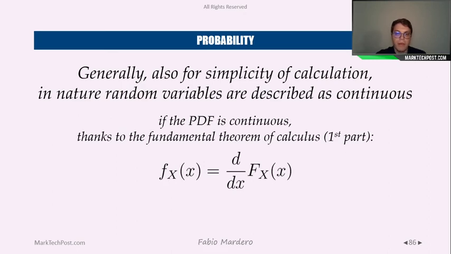In fact, looking at the first part of the fundamental theorem of calculus, if the probability density function is continuous, then we can say that the PDF is equal to the derivative of the cumulative distribution function. So that's our relationship between the two.